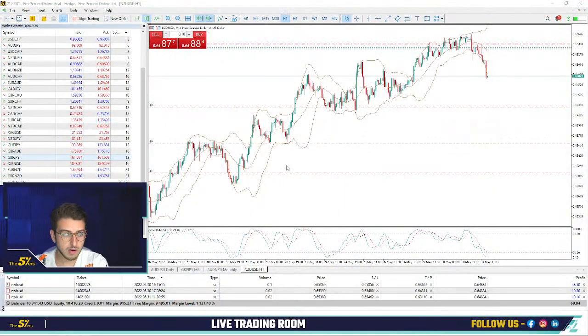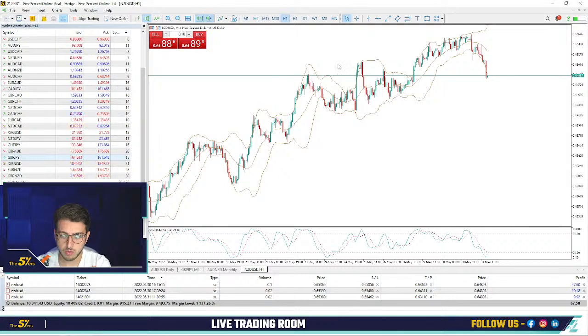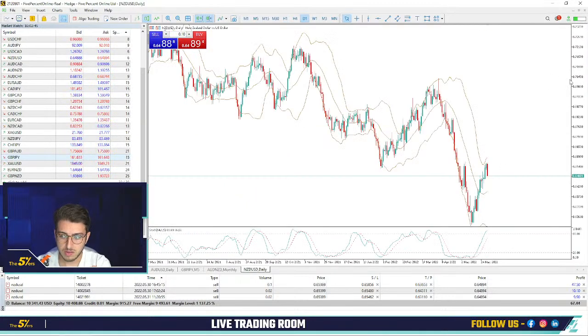Okay, so here we are. Yesterday, that will be the first thing that we're going to look at in this trading room. Yesterday, at the end of the session, we opened a short on the New Zealand dollar. We identified together a supply zone on the daily chart, which was also coordinated with this point here.